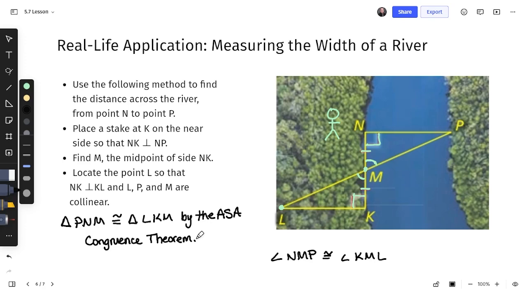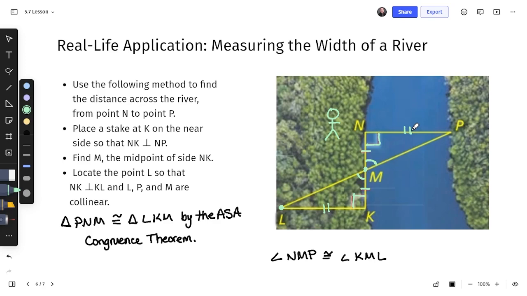Now that we have proven that those two triangles are congruent, we know, for instance, that side LK is going to be congruent to side NP. And you can use traditional methods. You can walk it out.